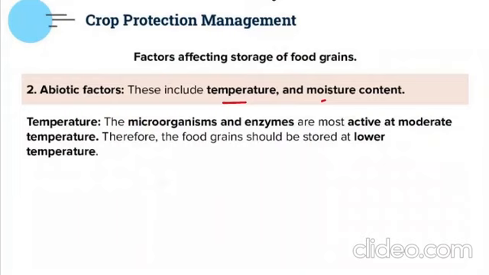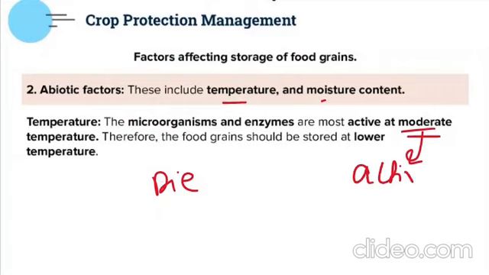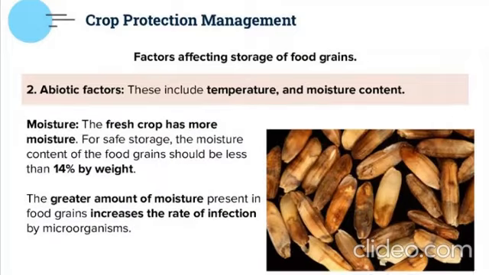The temperature should be maintained at a very low or very high level, because at these temperatures the microorganisms will die. But at a moderate temperature, the microorganisms are very active, and they may easily attack the grains.